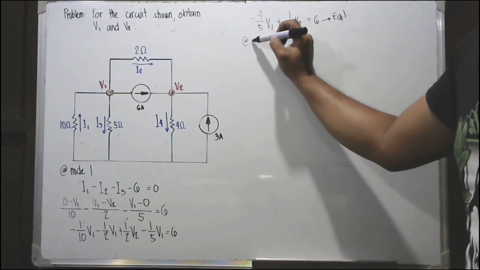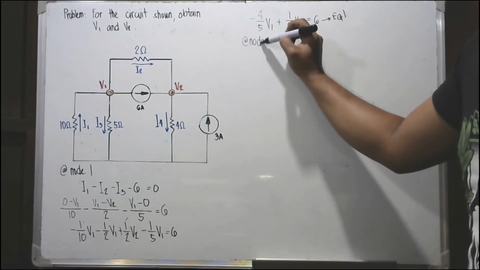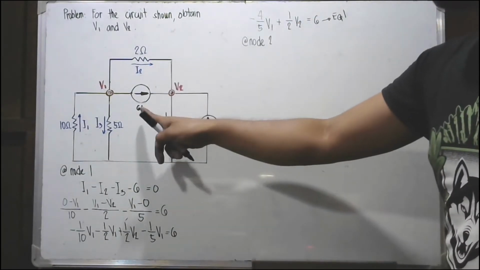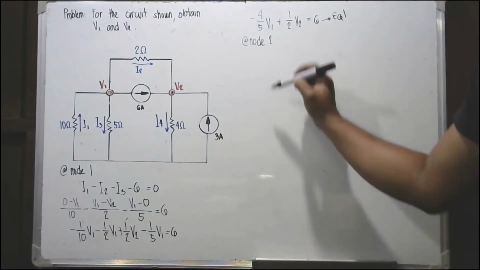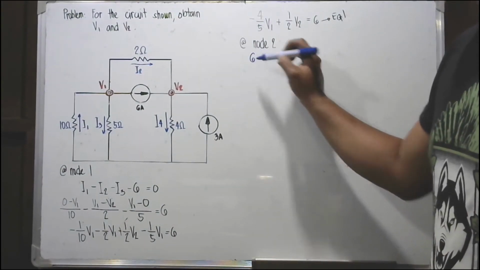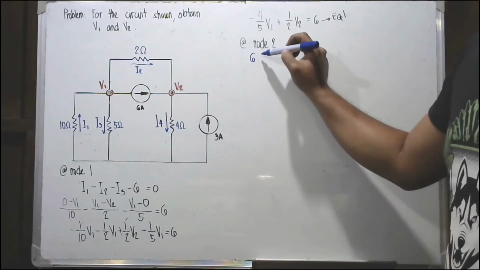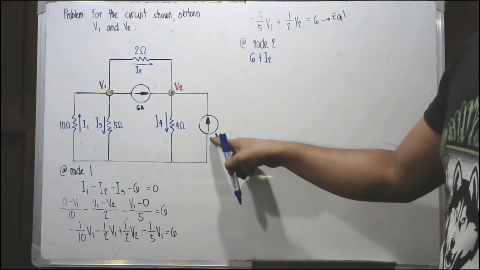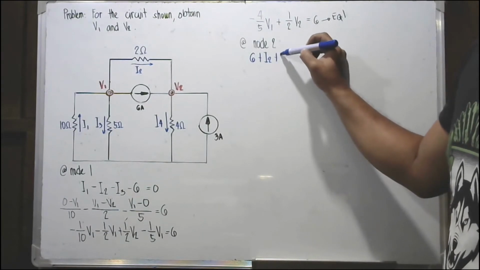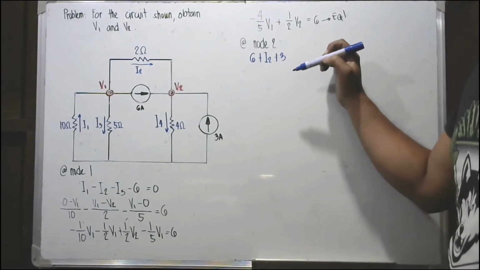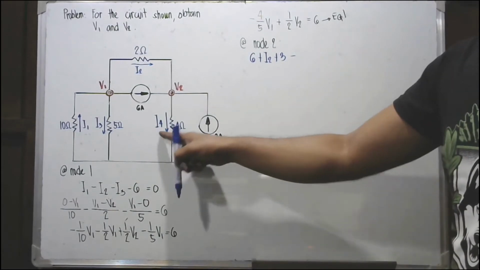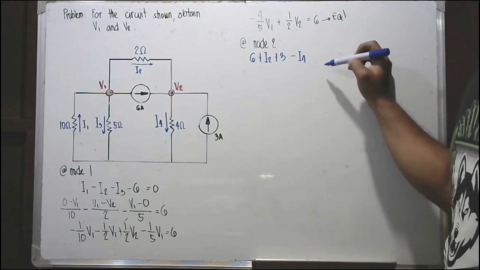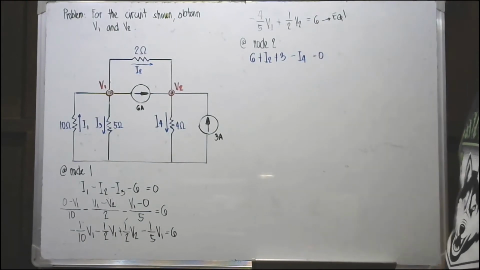At node 2, we have a current entering of I2, 6 amperes and 3 amperes. We have 6 amperes plus I2 plus 3 amperes minus the leaving current. You have I4 is equal to 0.